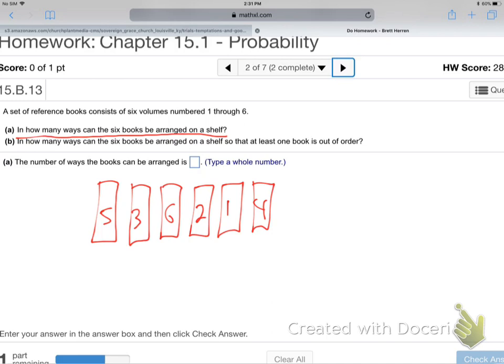How many different ways? Let me encourage you. If you feel like, I have no idea, do it. Actually, do what? Do an arrangement. Pick an arrangement, like I just picked an arrangement, right? I decided to put book 5 first. Then I decided to put book 3. And then I decided book 6. And on down the line. I just picked an arrangement.